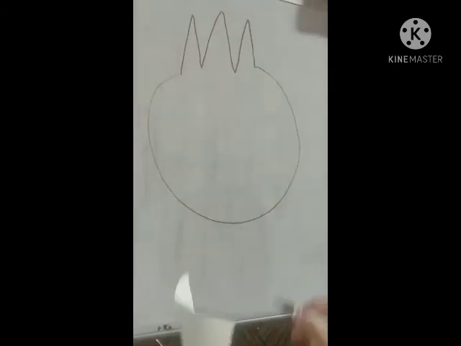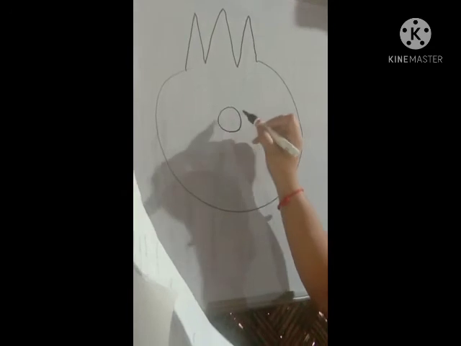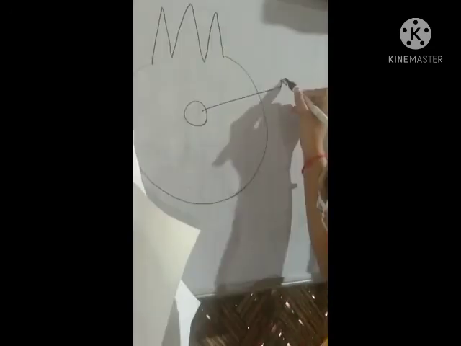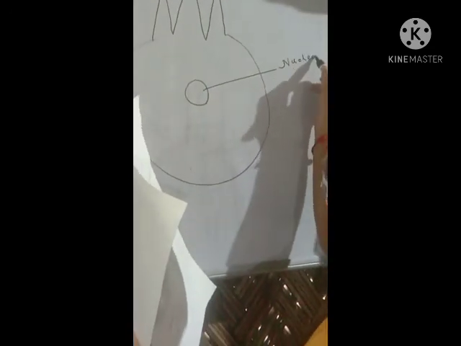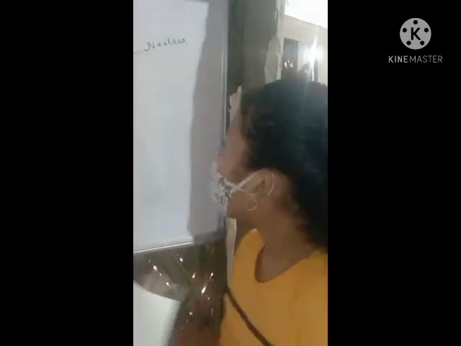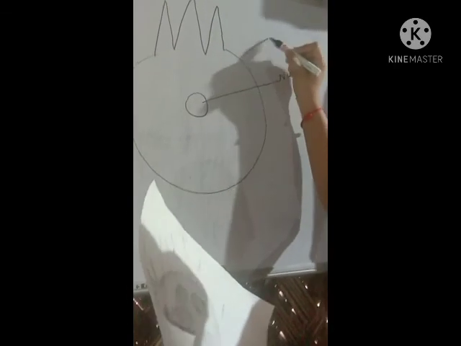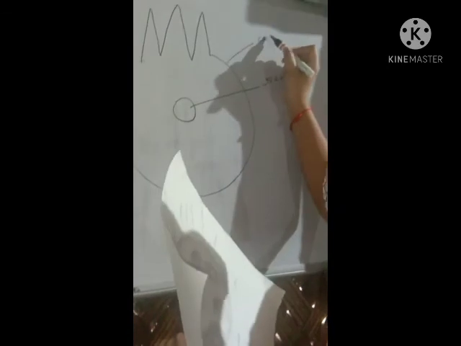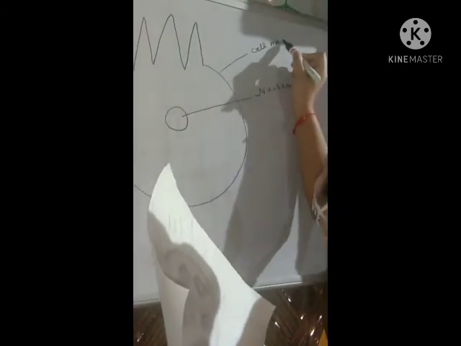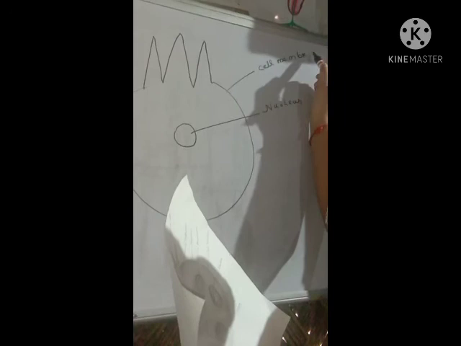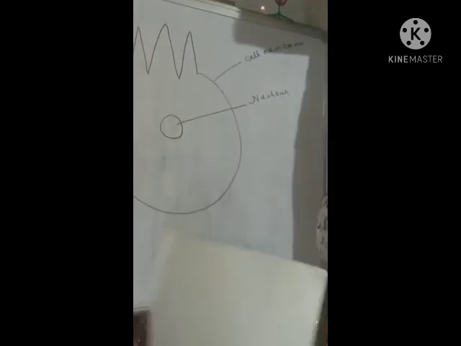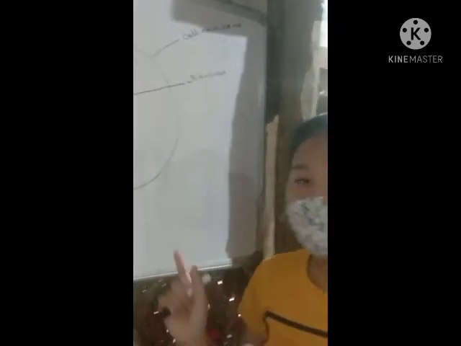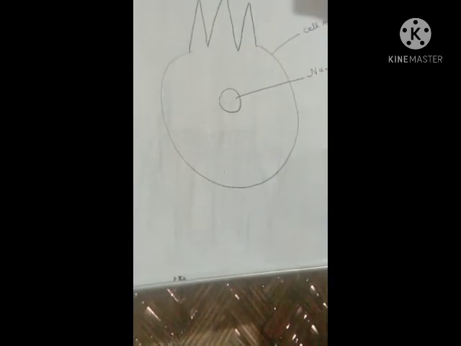In animal cell, in the middle part there is the nucleus. The nucleus is well developed and in animal cell the outer covering layer is the cell membrane. It is a thin, living outer covering layer made up of lipid and protein, and it protects the animal cell.